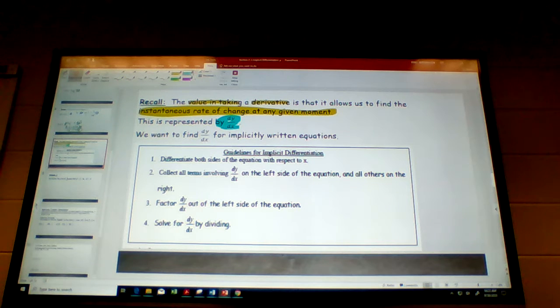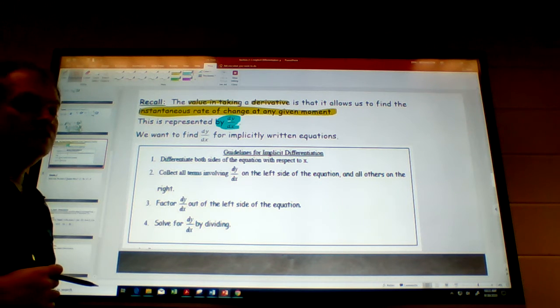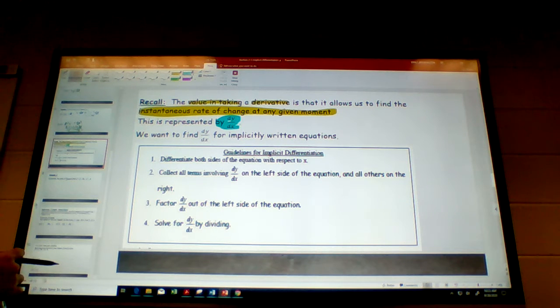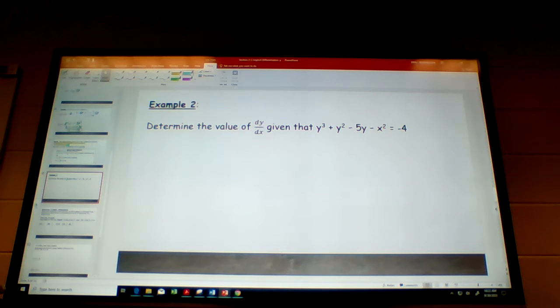In order to do that, differentiate both sides of the equation with respect to x, collect all the terms involving dy over dx on the left side of the equation and all of the others on the right, and then factor dy/dx on the left side, and then solve for dy/dx by dividing. That may not make a whole lot of sense at the moment, but we're going to do one of those right now.